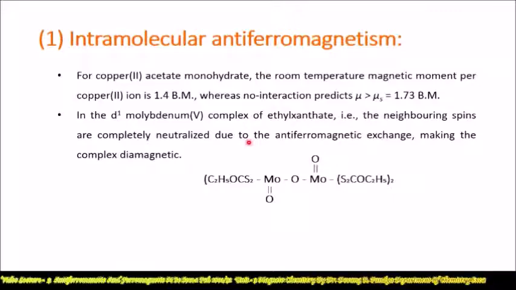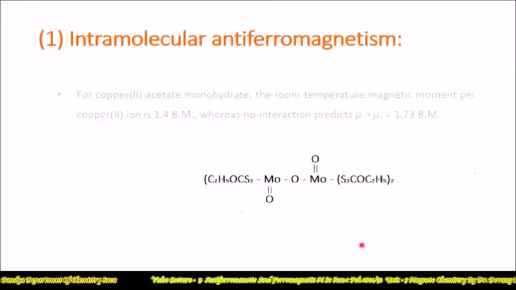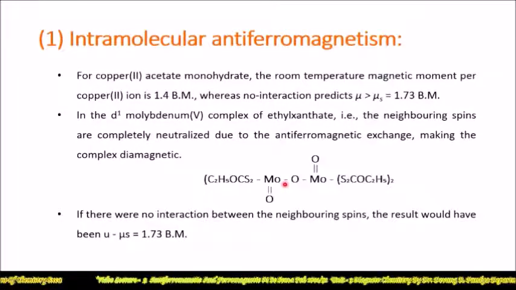Here in this bridged complex we found the same: single unpaired electrons coupled with each other, and it leads to antiferromagnetic behavior. Similarly, in this complex, the bridging oxygen between these two molybdenum atoms is going to couple the unpaired electrons, and diamagnetic behavior is going to be observed, and intramolecular antiferromagnetism is going to be observed in this complex.